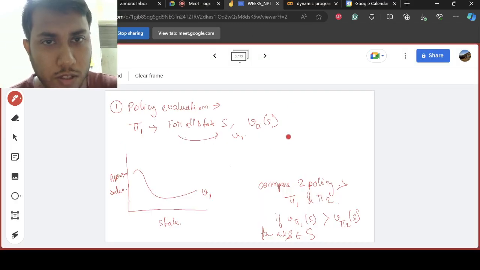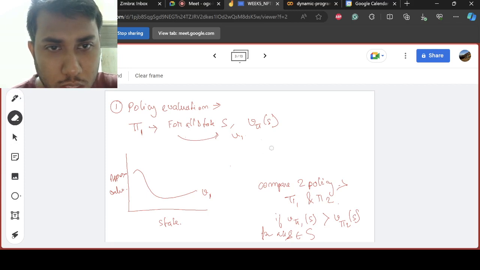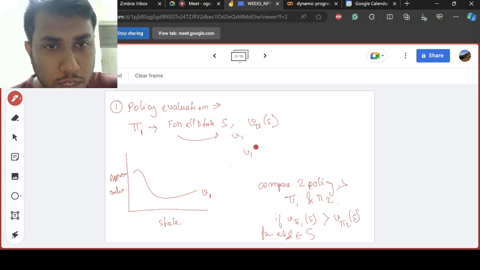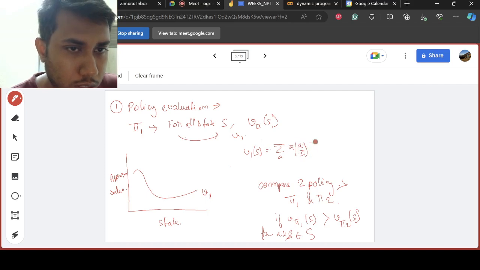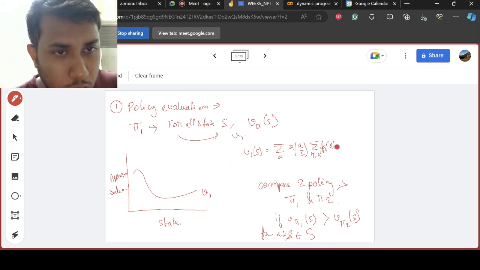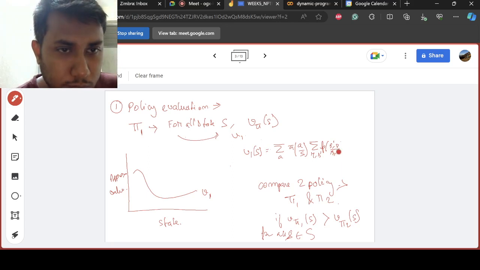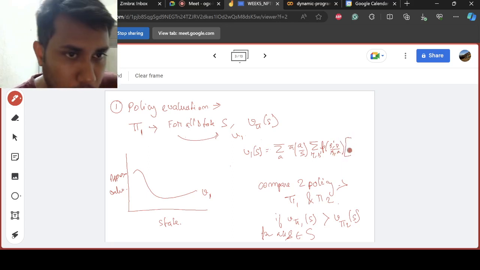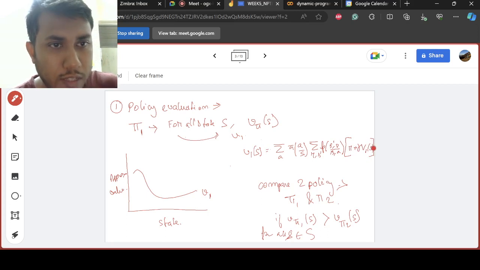So what is the formula for your value function? v1 at state s is given by the summation over a of pi of a given s, summation over s dash and r of p of s dash comma r given s comma a, times r plus gamma v1 of s dash. This is what you have.